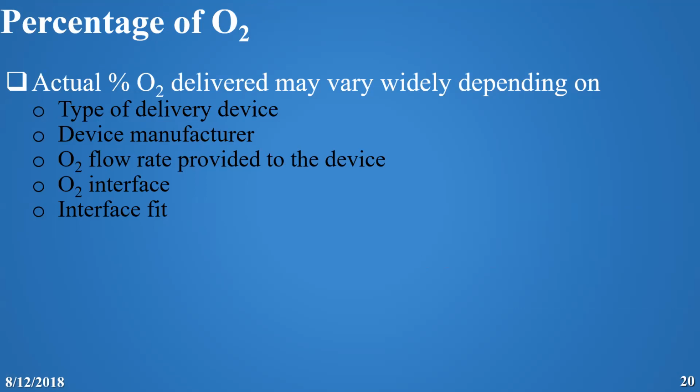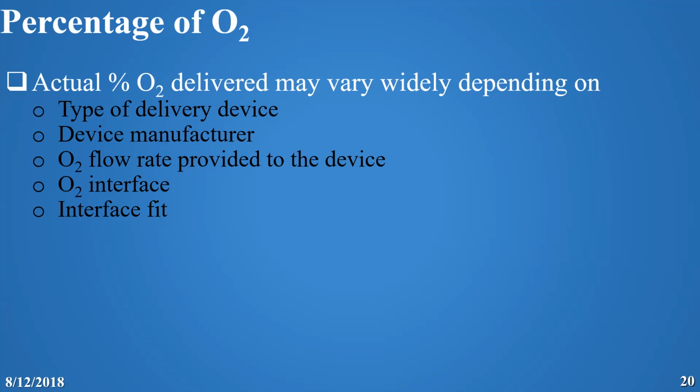As we said, the FiO2, we give it by percentage. The percentage going to the baby depends on many factors: the type of the delivery device, which company manufactured the device, what is the flow rate, what is the interface, and the interface is the device or the tool between the tube and the baby, and the fitness of the interface.